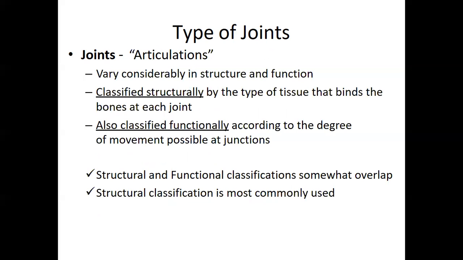You have many different types of joints in the body, and they all vary quite a bit in both structure, how they look, and function, how they move. They're classified both by structure and function. Structure means how the bones are bound together at each joint and what type of tissue is used at each joint. Function is how it moves, what degree of movement it has. So, does it move very little? Does it not move at all?